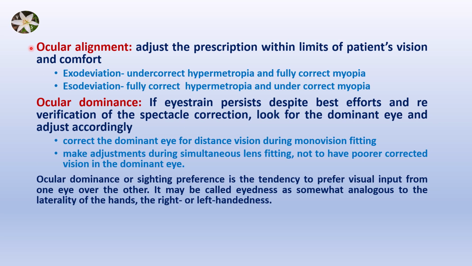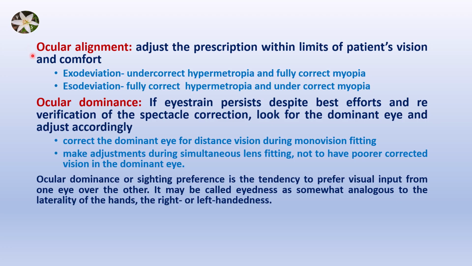While prescribing glasses, we need to take into consideration the ocular alignment and adjust the prescription within limits of patient's vision and comfort. The hypermetropic glasses relax accommodation and also relax convergence, whereas the myopic glasses induce more accommodation and more convergence.